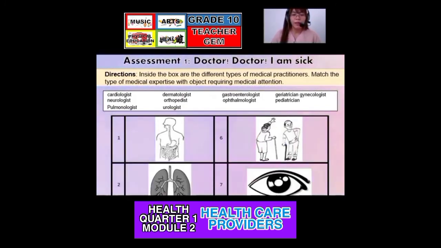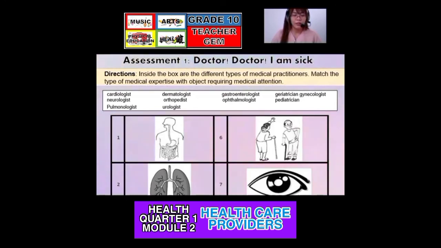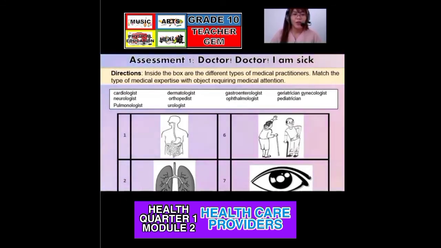Direction: Inside the box are the different types of medical practitioners. Match the type of medical expertise with the object requiring medical attention. Inside the box are cardiologist, neurologist, pulmonologist, dermatologist, orthopedist, urologist, gastroenterologist, ophthalmologist, geriatrician, pediatrician, and gynecologist. Here we have items 1 to 10.